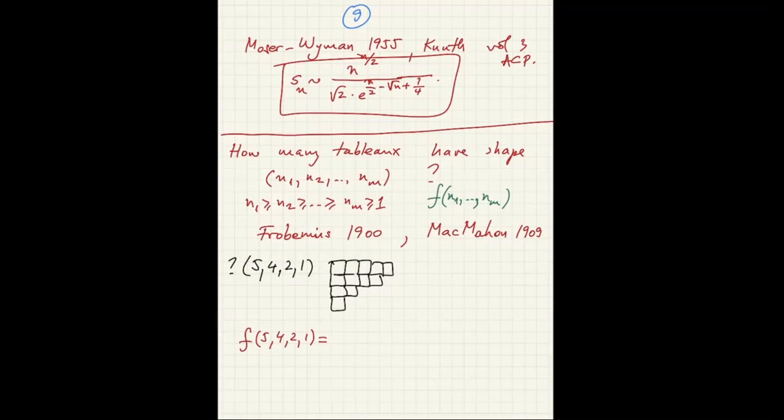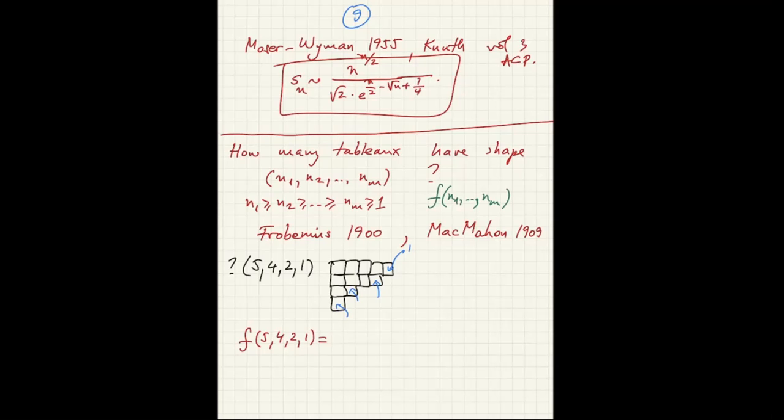So there is a 12 on this tableau, and the possible positions for 12 would be here. These positions are what are called corners. A corner is a position on the tableau that doesn't have anything to its right and doesn't have anything below it. So all these are 4 corners.